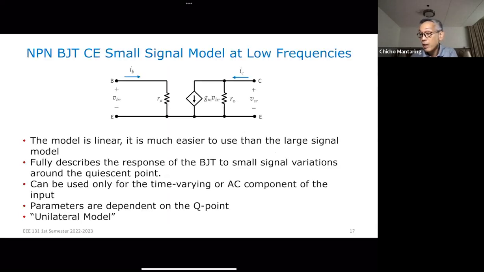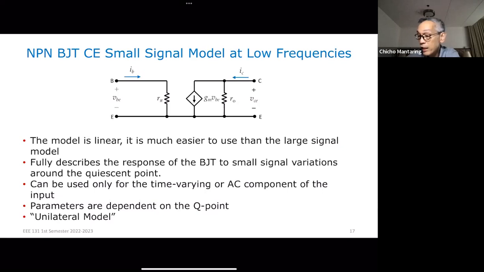Okay. So again, I repeated the model here. This is your NPN BJT common emitter small signal model. I will emphasize that this is a model at low frequencies. The reason why we say it's at low frequencies is there are elements in the model which you will only learn during frequency analysis, that are not included here. There are capacitances that are not included here.